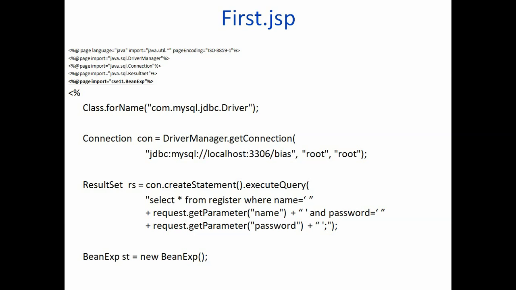That's why we write localhost. If we connect with another system, then we write the name of that server or system, and BIOS is the DSN name, root is the username, and root is the password.